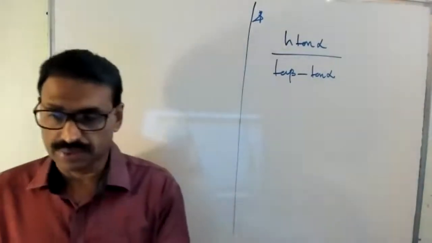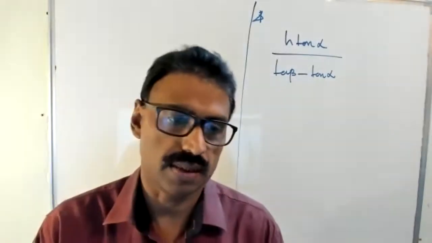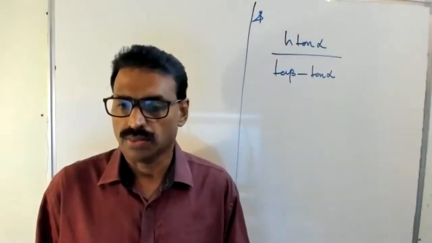Prove that the height of the tower is h tan alpha divided by tan beta minus tan alpha. Is the question clear or not?